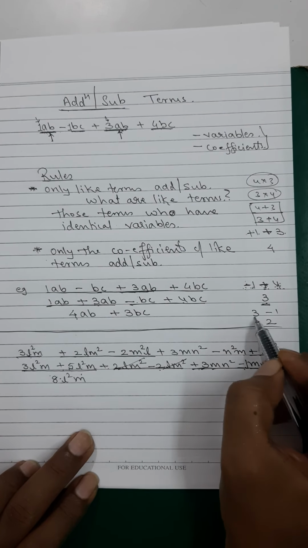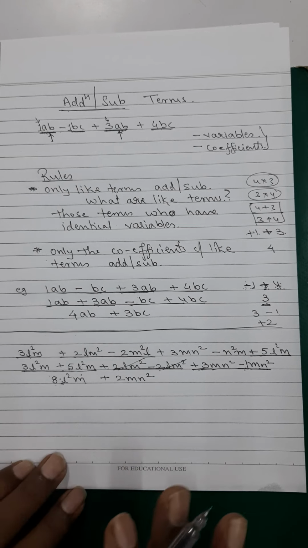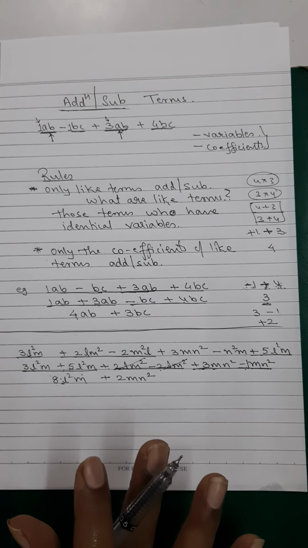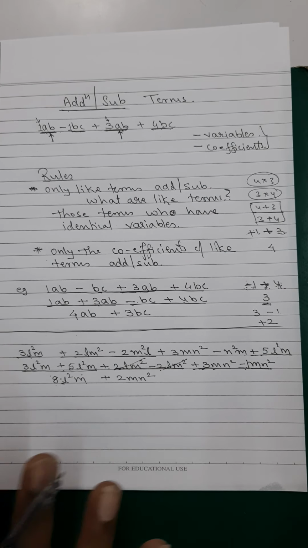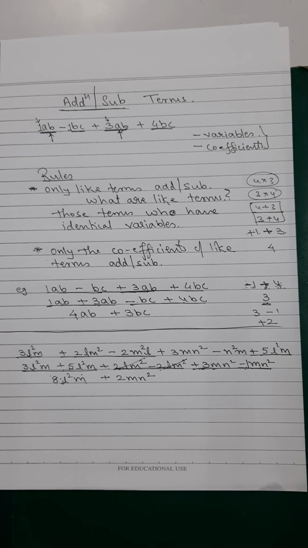This will be plus 2mn square. Now, will they operate among each other? No, because they are unlike terms. This is l square m, this is mn square. So this will not operate. Here the simplification gets over. Are you getting my point?